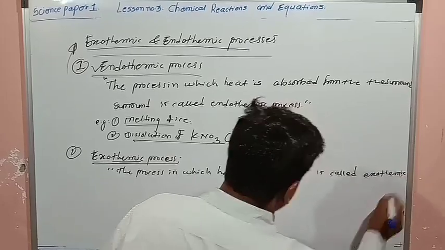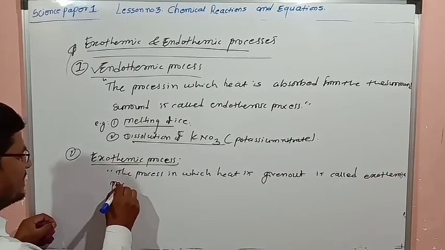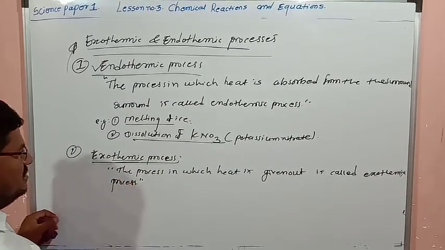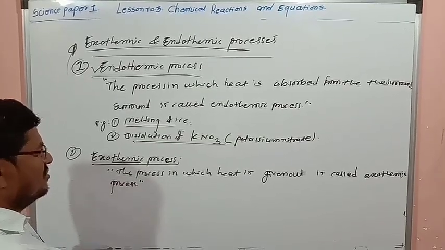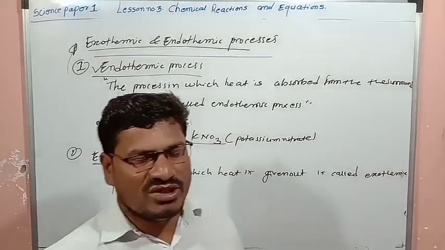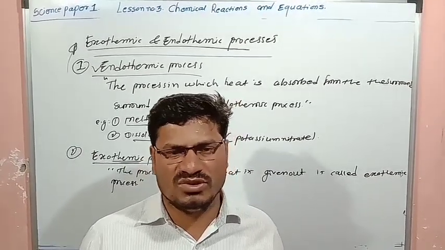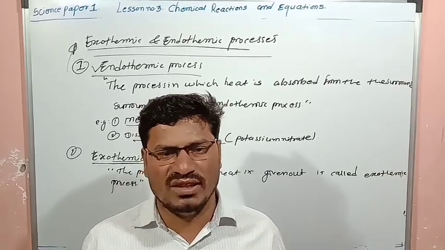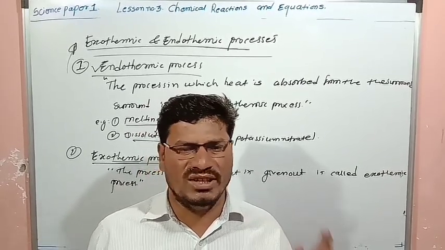It is called an exothermic process. So it is a process in which heat is given out. During this process heat is given out, and that process is called an exothermic process.